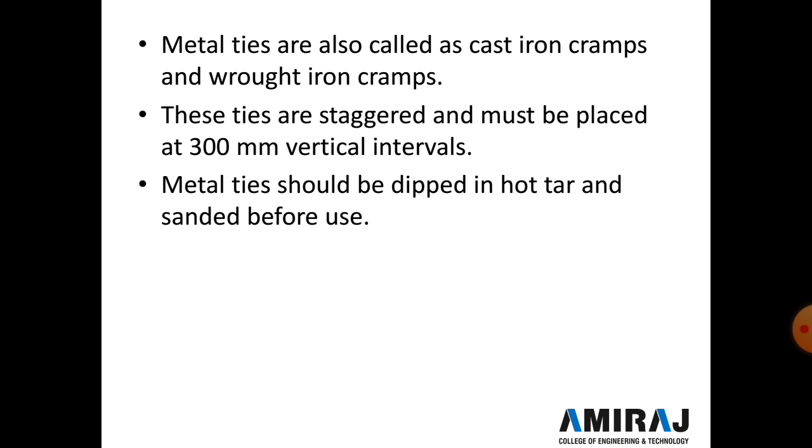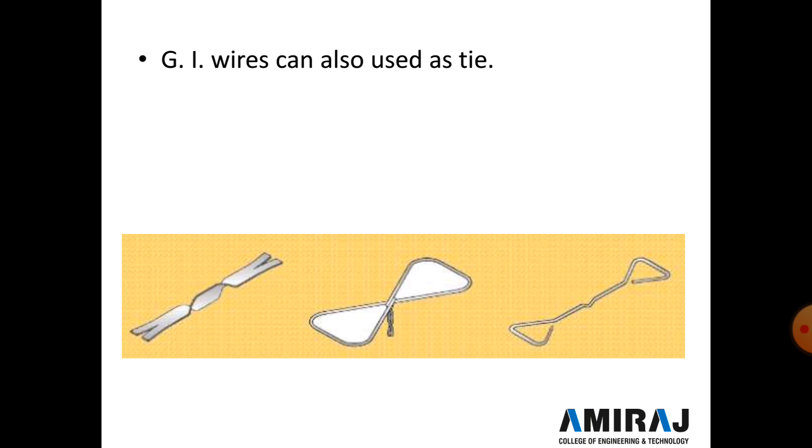Where corrosion is not avoidable, copper ties may be used because copper does not corrode. Next, a GI wire can also be used as a tie. Here you can see different figures on the screen. The two ends of the wire are twisted together and bent downward, so that moisture falls down into the cavity without seeping to the inside of the wall.